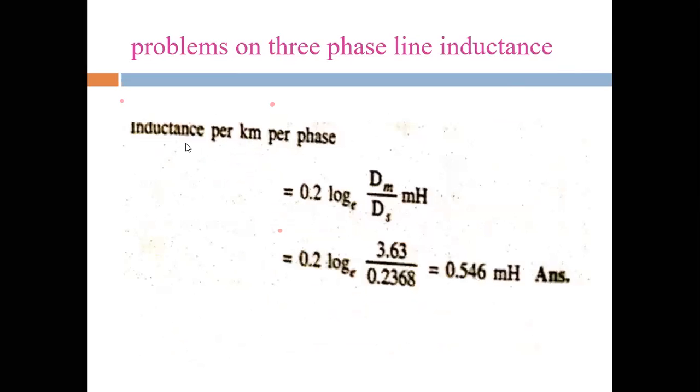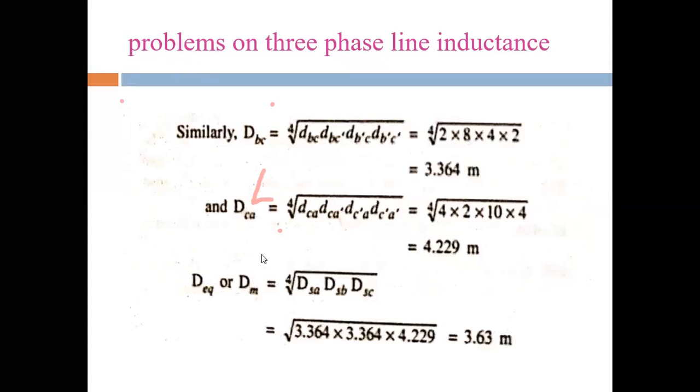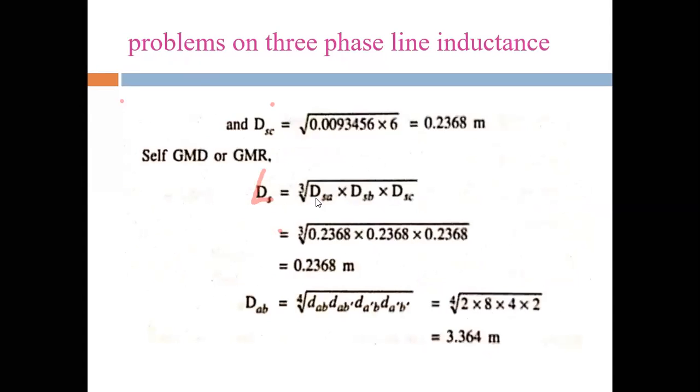Then we calculate the inductance per kilometer per phase. Therefore, inductance L is equal to 0.2 log e Dm by Ds. Okay, what is that Dm? Dm is equal to 3.63. Okay, what is that Ds?